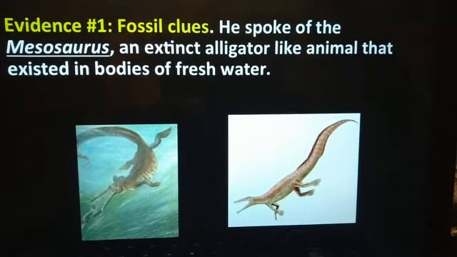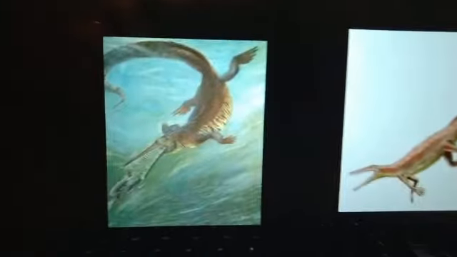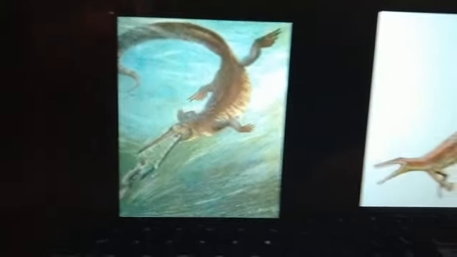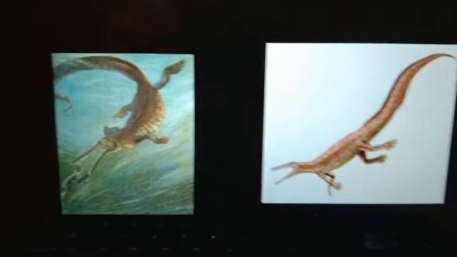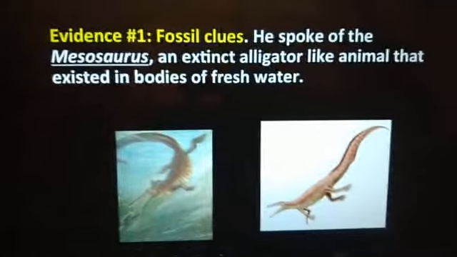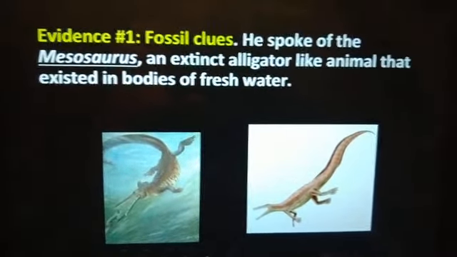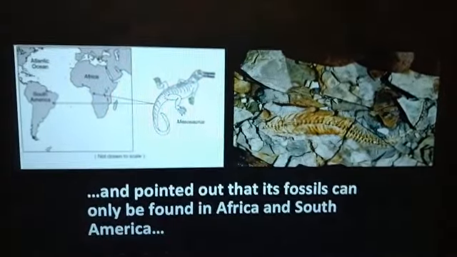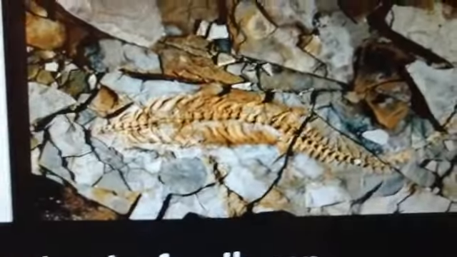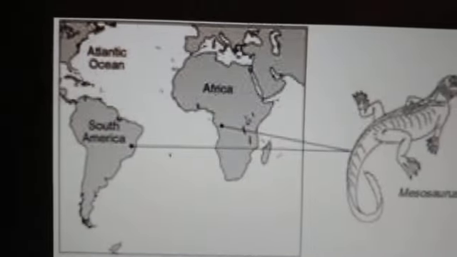Wegener spoke of a Mesosaurus, which is an extinct alligator-like animal that existed in bodies of fresh water many millions of years ago. And Wegener located the fossil. There's his fossil right there, the Mesosaurus. The only two places on Earth you can find that fossil are here in South America and in Africa.